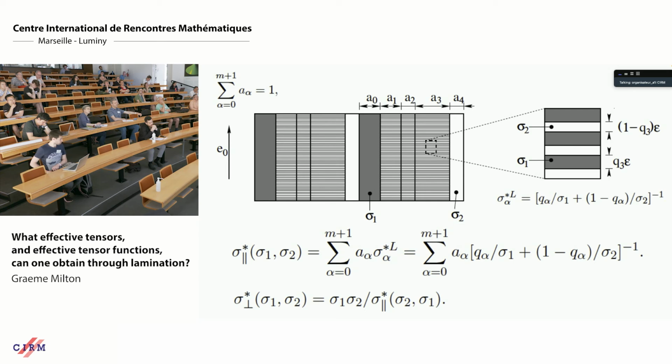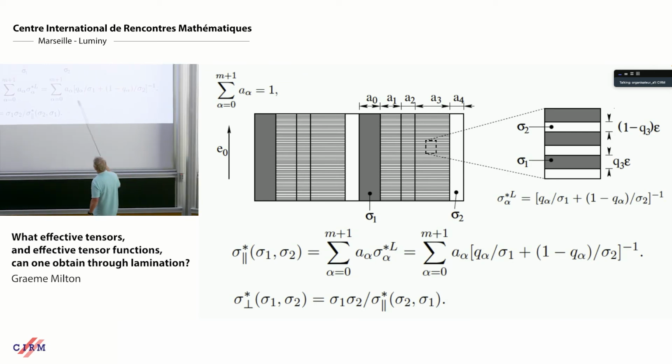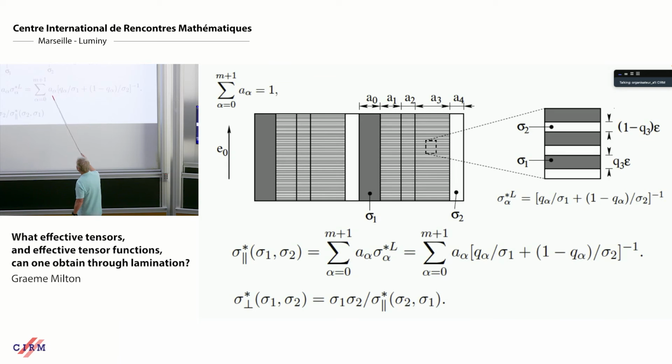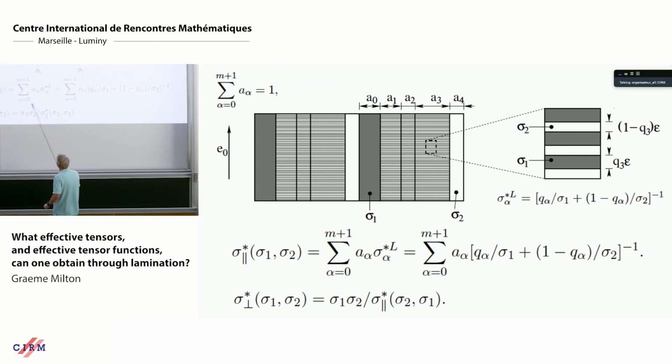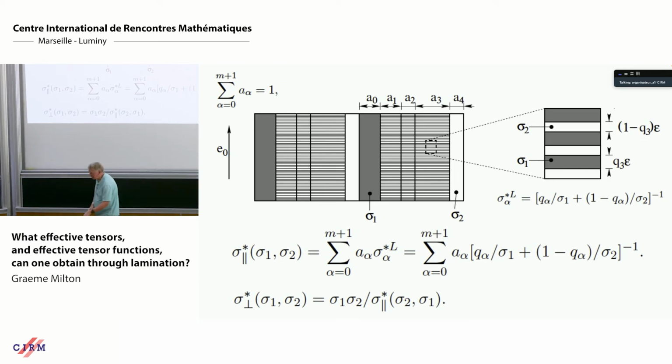Then we've got different layers here with a different value of Q, which is the proportion, and it's just an arithmetic average, so they're weighted by constants A alpha. And then in two dimensions there's a nice result due to Keller and Mendelssohn and others, that the conductivity in the perpendicular direction is given just by this formula in terms of the parallel direction.